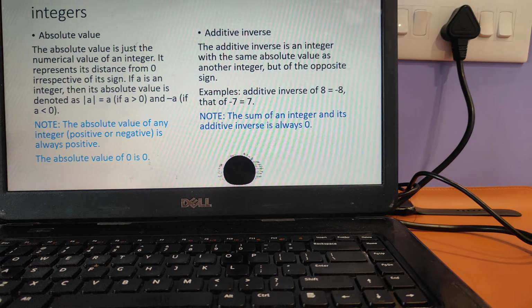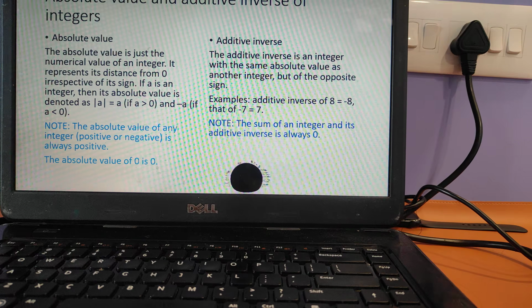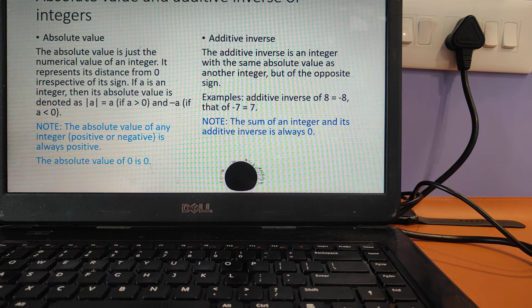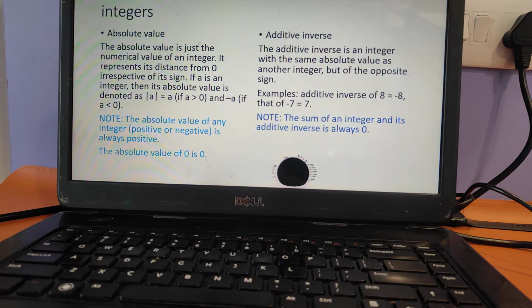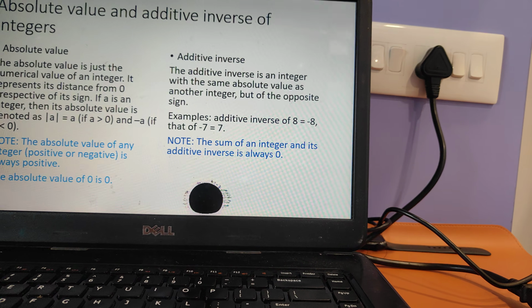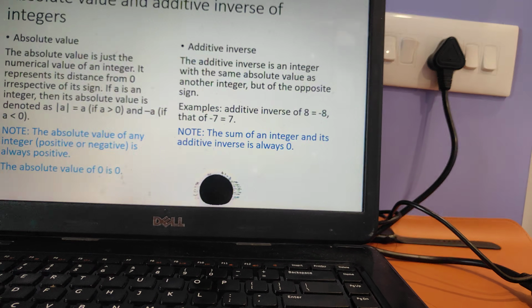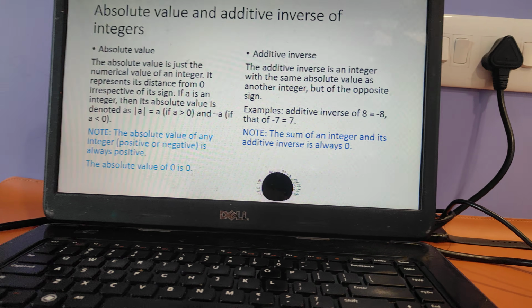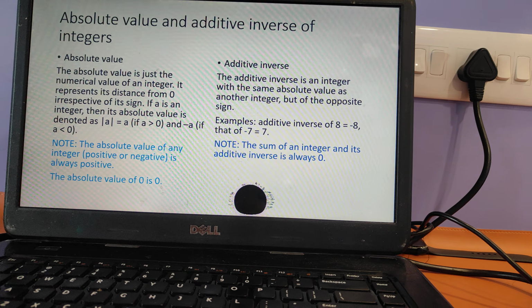Now additive inverse. The additive inverse is an integer with the same absolute value as another integer, but of the opposite sign. Meaning if you take 7, it is a positive integer. It lies on the right side of 0. And if you take -7, even though it is 7, the only difference is it is to the left of 0.